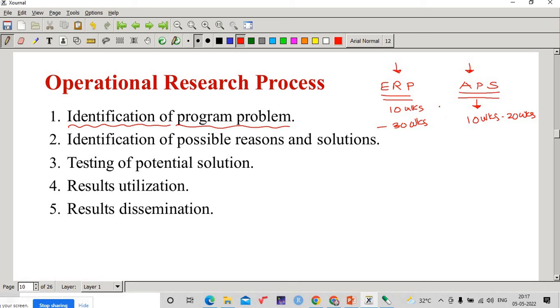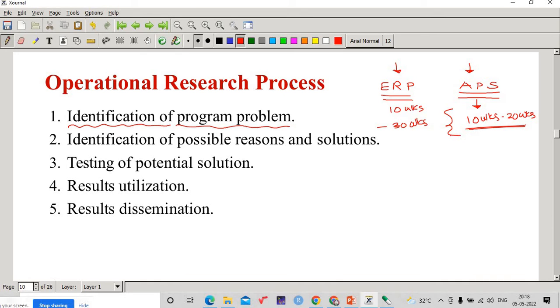This management is followed by a proper algorithm which is set by operational research, so management can be done very effectively. But here we are lacking in terms of management. The ERP system is taking advance orders, but the APS system cannot manage the orders beyond 20 weeks. So we have lacunas over here.